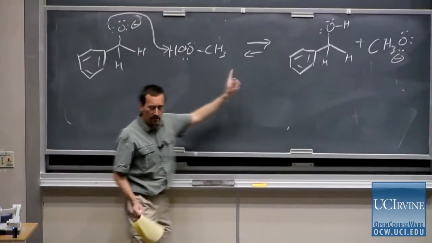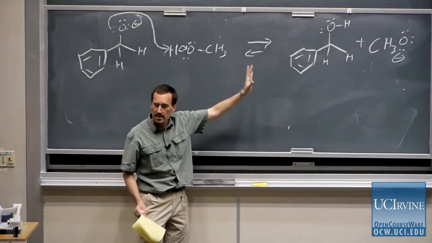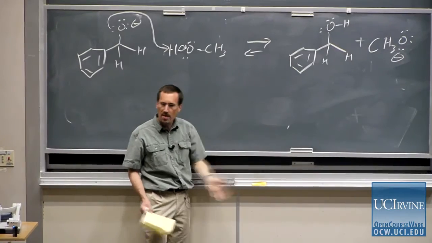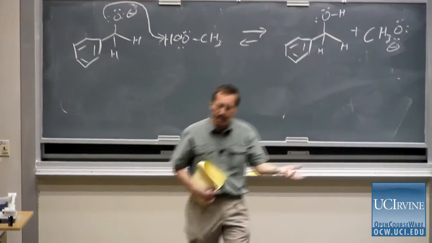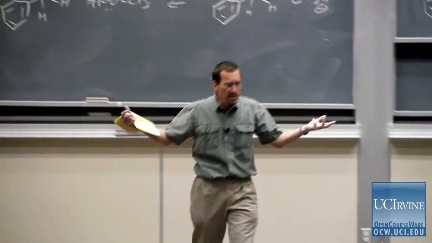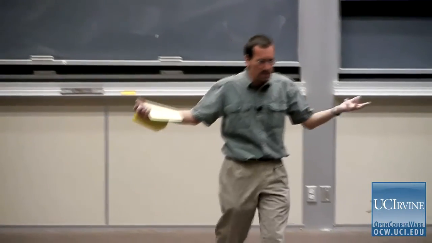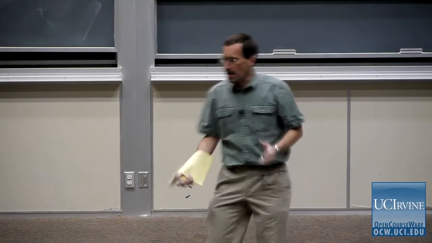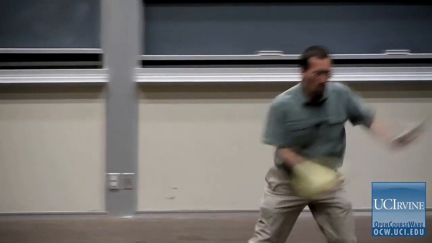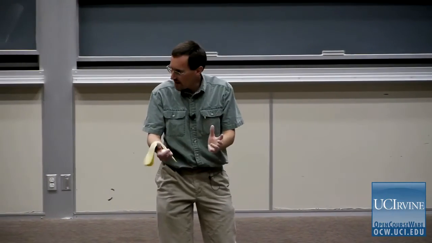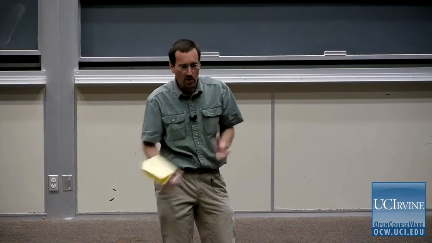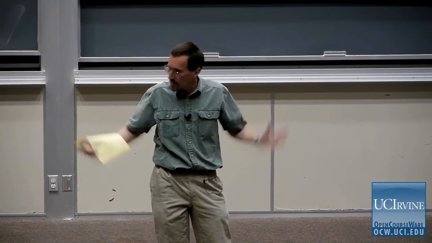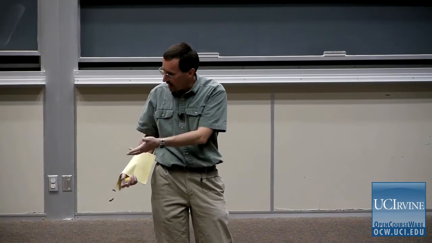In this particular case, it's okay that it's an equilibrium. Remember I was talking about pKa last time, and I said the thing that we really want to focus on as organic chemists is, does an equilibrium lie way to the left, way to the right, kind of in the middle, or maybe a little more to the left or a little more to the right. That's how we think about things. And you're right, this equilibrium lies kind of in the middle.